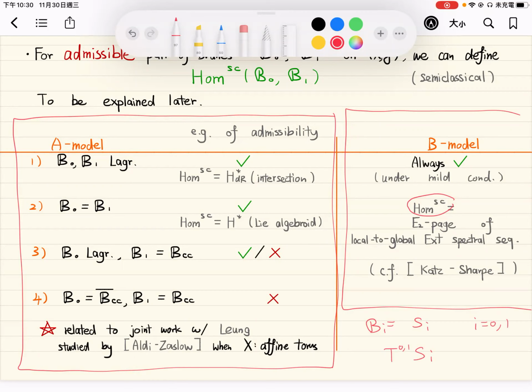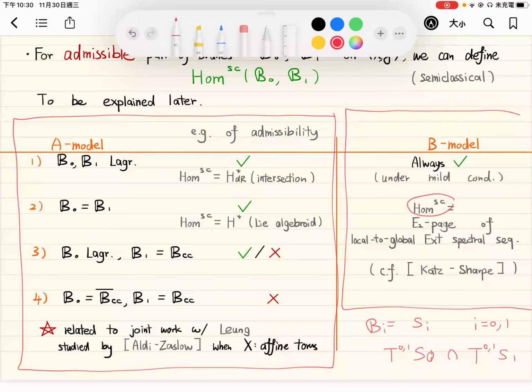the admissibility tells you, I mean, the admissibility is related to how the two anti-holomorphic tangent bundles intersect in a nice way.